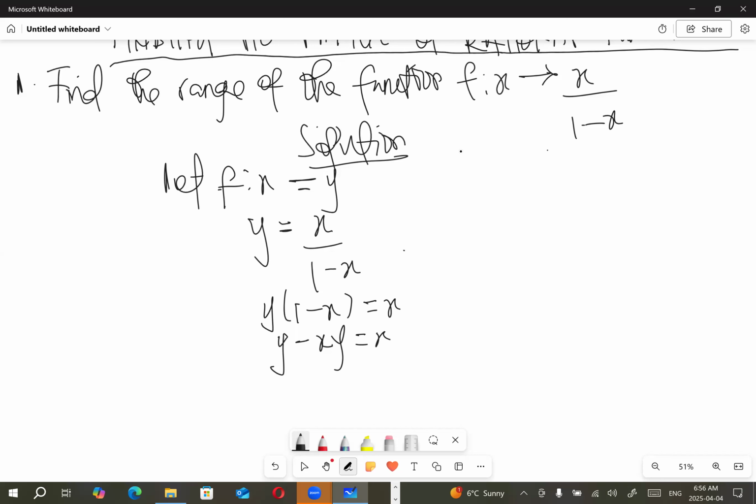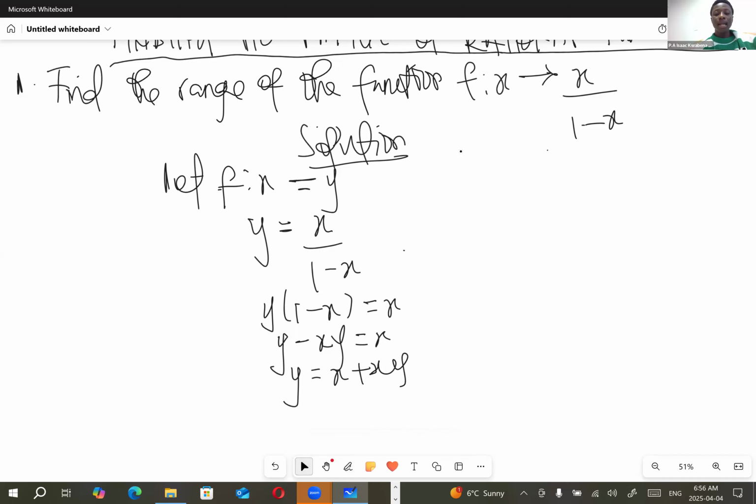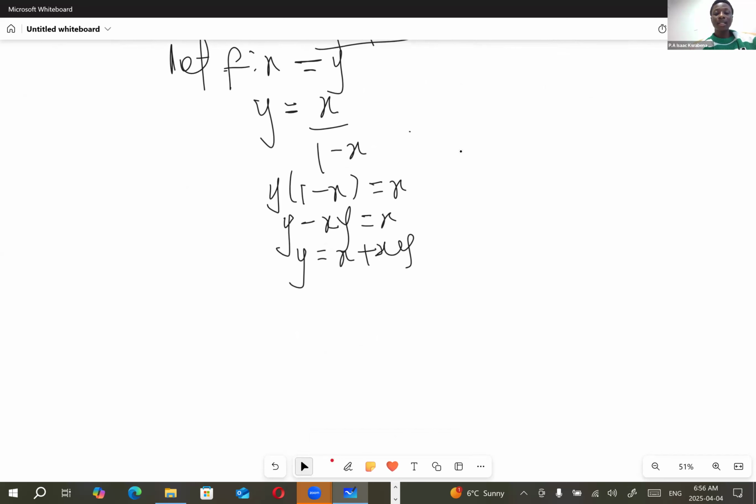Because we are making x the subject, anything that contains x, let's group at one side. So y equals x plus xy.